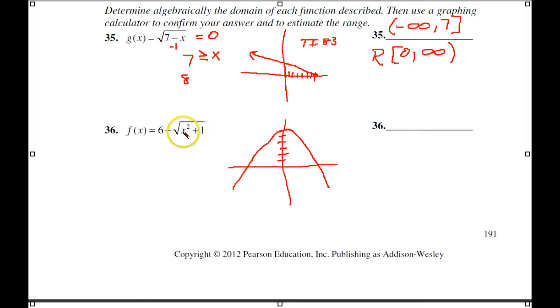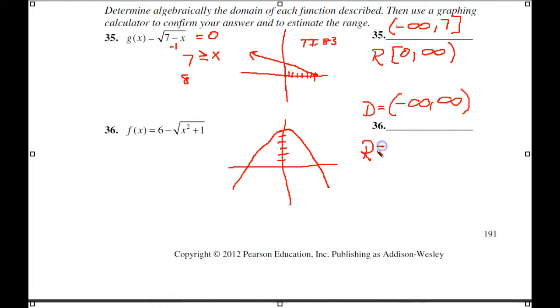Now, since x here is squared, if it is a negative value, that's fine. It's going to always be positive coming out of this. So our domain is from negative infinity to positive infinity.